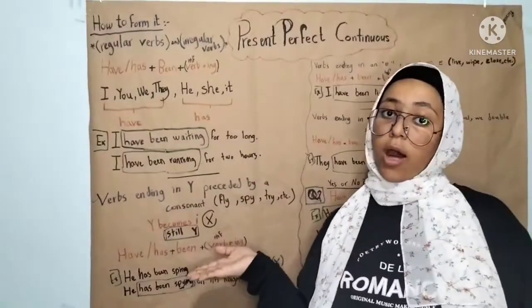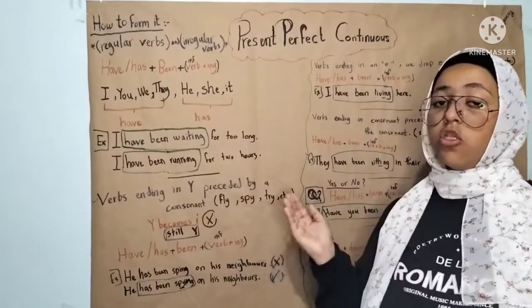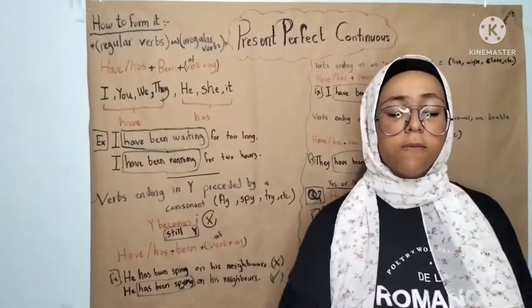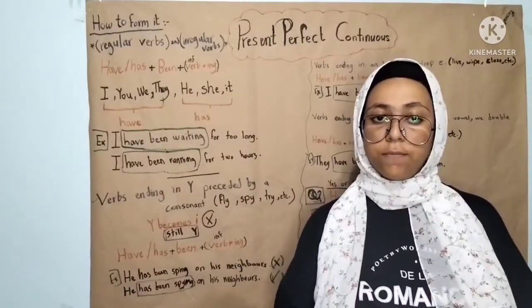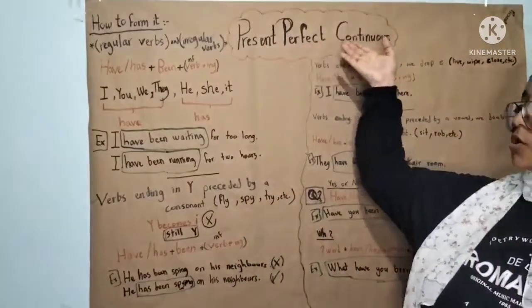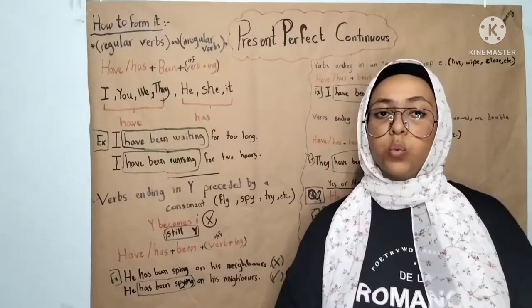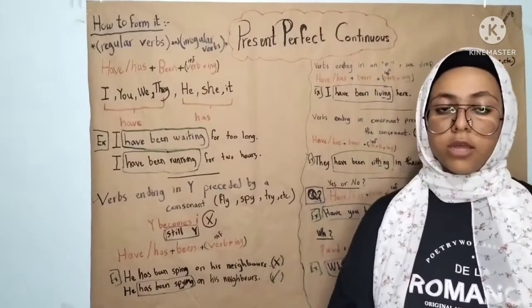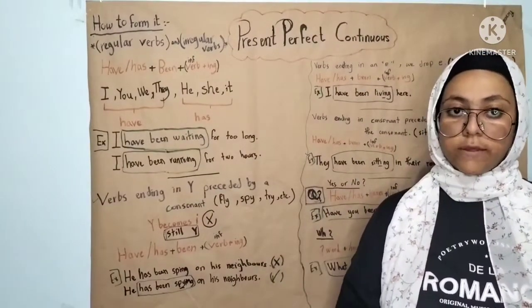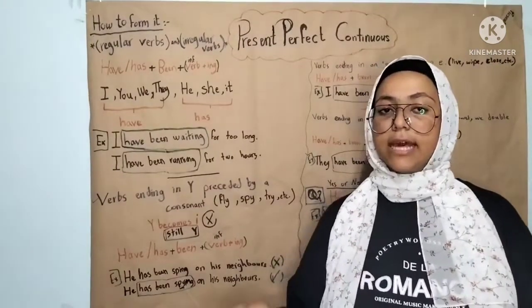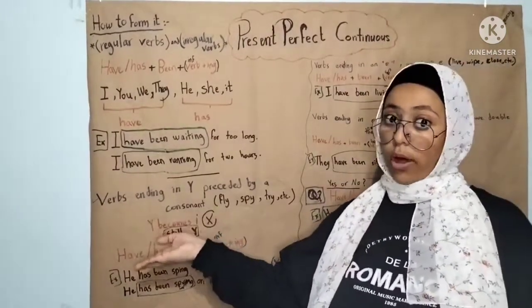Verbs ending in y preceded by a consonant: the y becomes i is a very common mistake that people sometimes make. With the present perfect continuous, in verbs ending in y, we do not remove the y. We keep it as y.